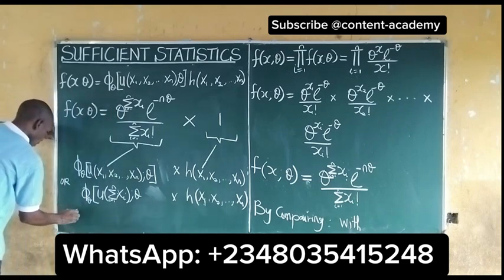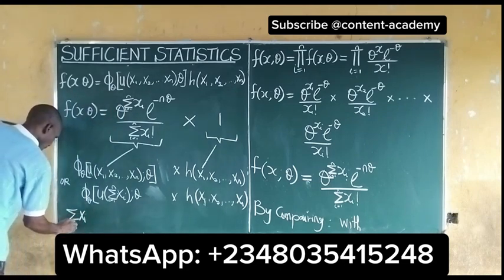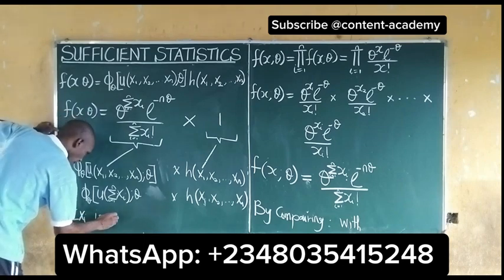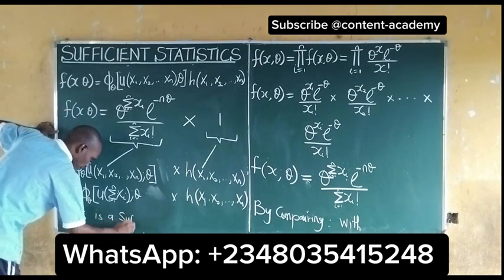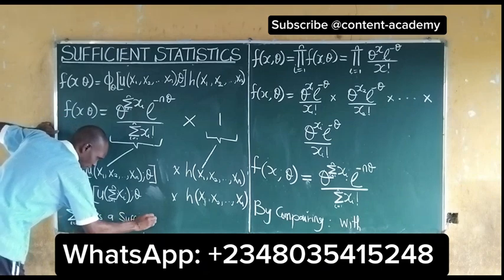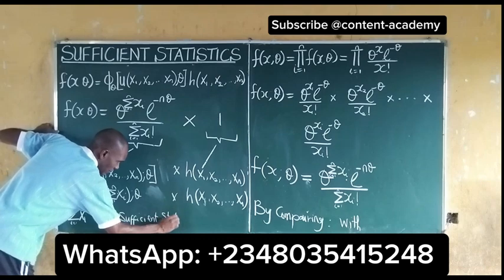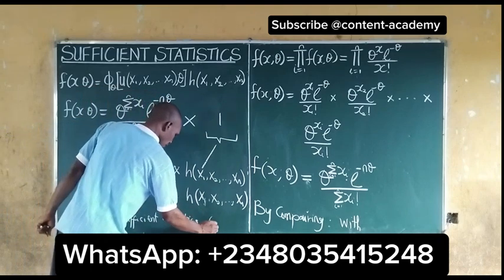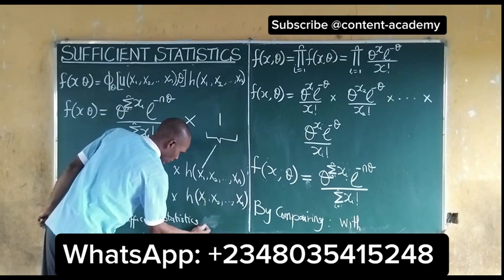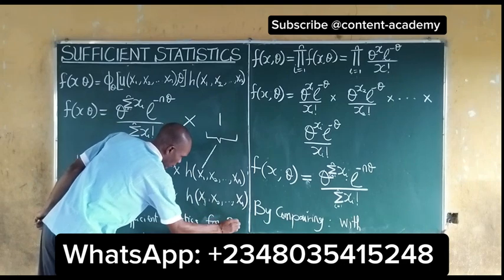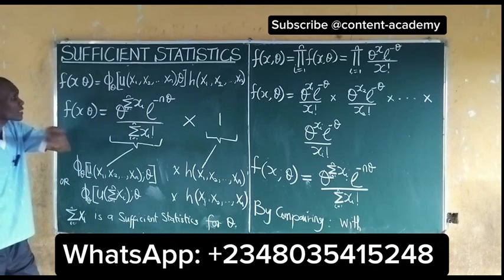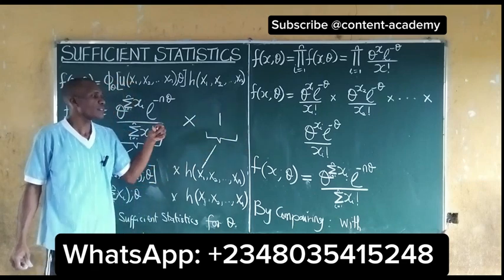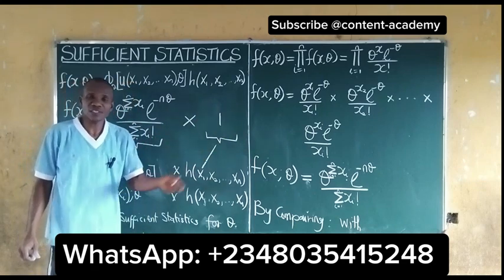So we can simply say our statistic, the mean, is a sufficient statistic for estimating theta. So this is how we can compute the sufficiency for theta in the Poisson distribution.